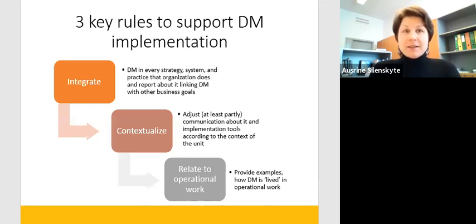And the final suggestion would be to contextualize. We agreed that adapting to every unit in a large multinational corporation is impossible. But it might be possible if that is aligned with the strategy of the multinational. For example, a multinational with a multi-domestic strategy really localizes operations.